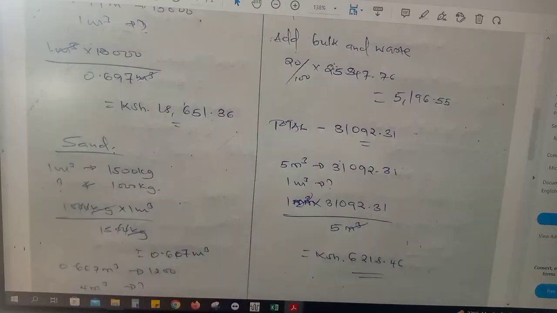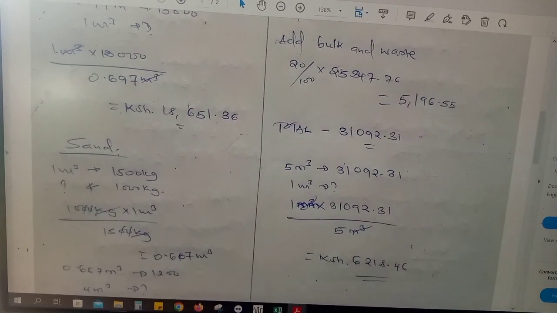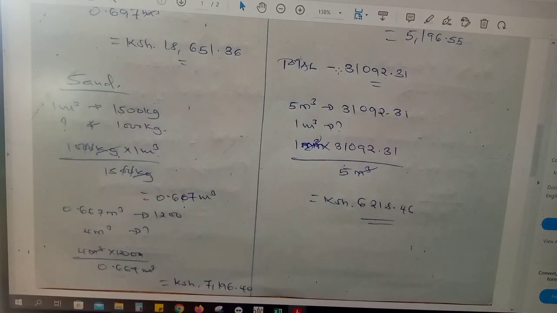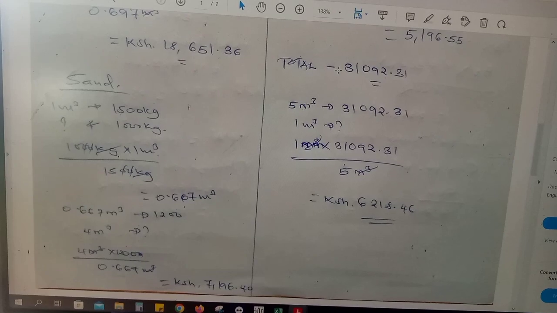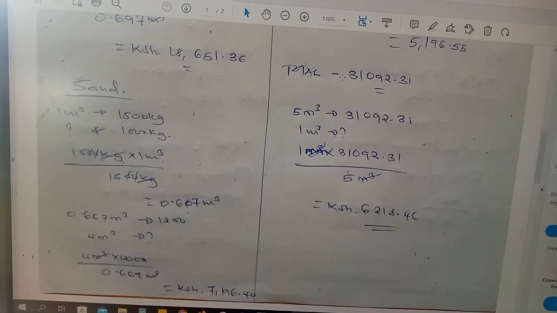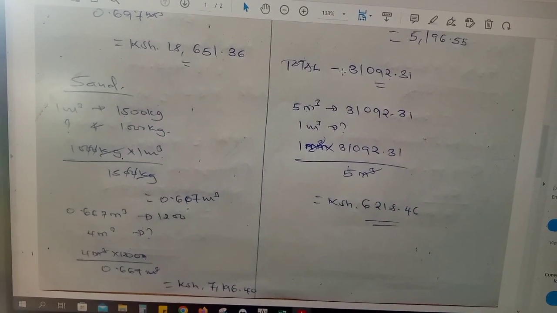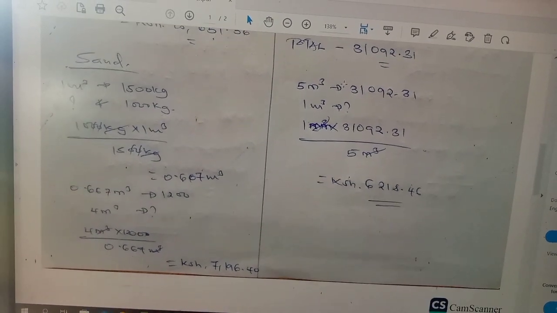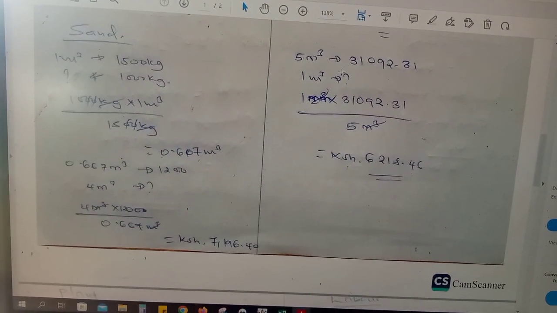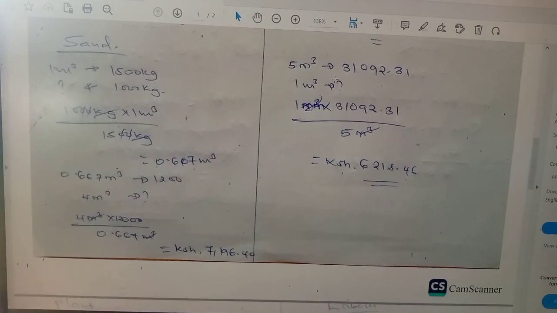Then we'll proceed to sand. The density for sand is 1,500. So you say 1 cubic meter is equal to 1,500 kgs. What of 1,000 kgs? 1,000 kgs will be 0.667 cubic meter.